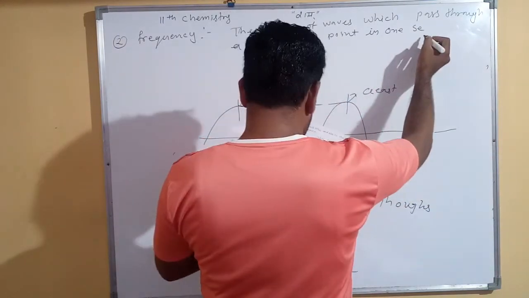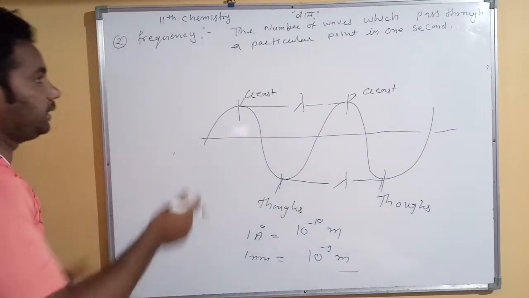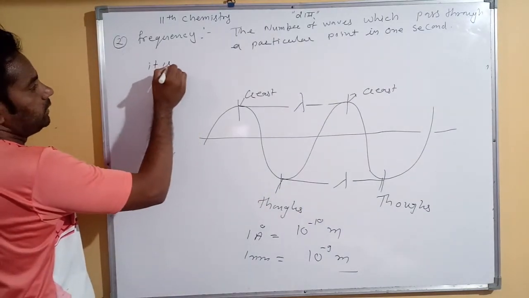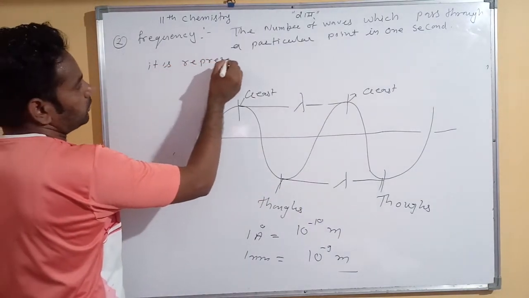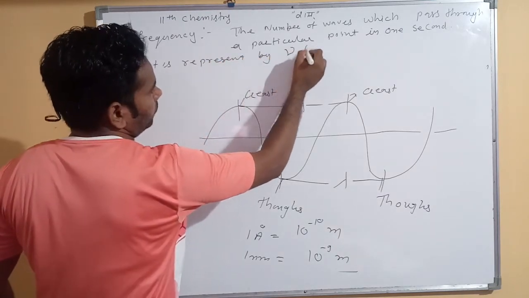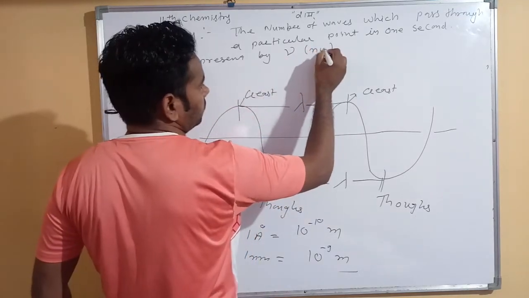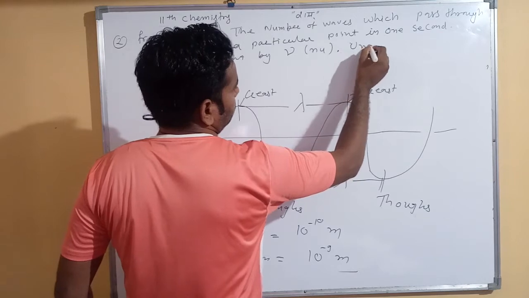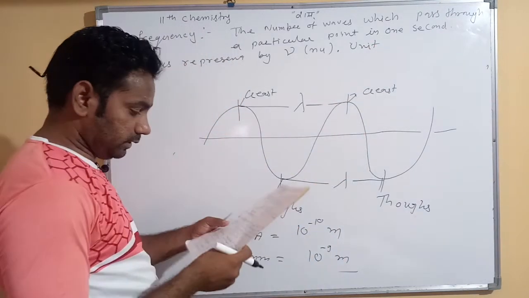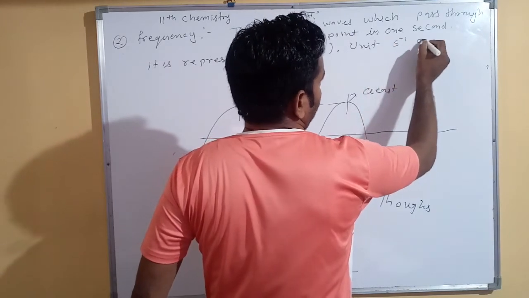It's represented by nu, and its unit is cycle per second or hertz.